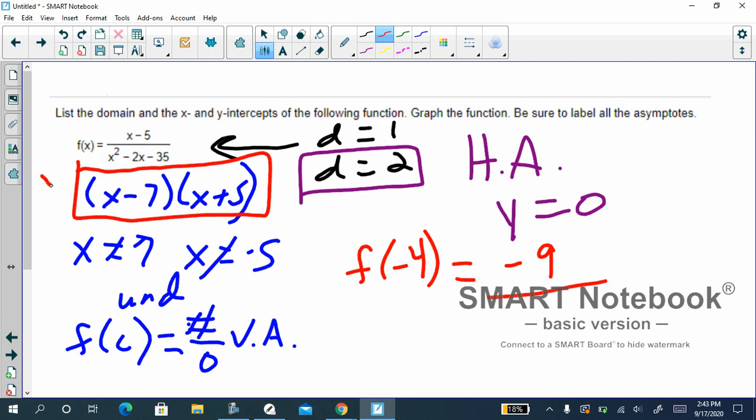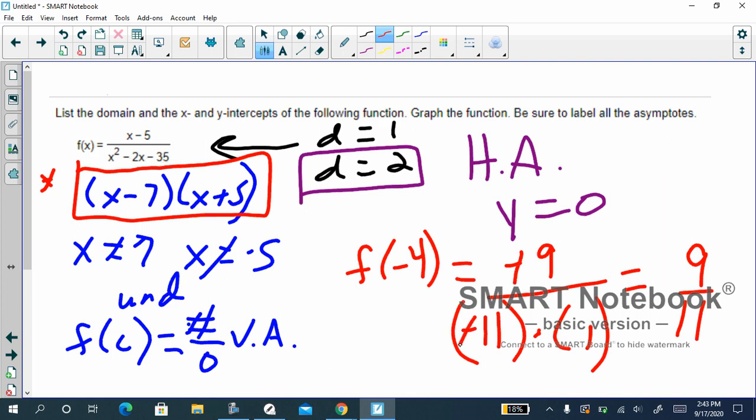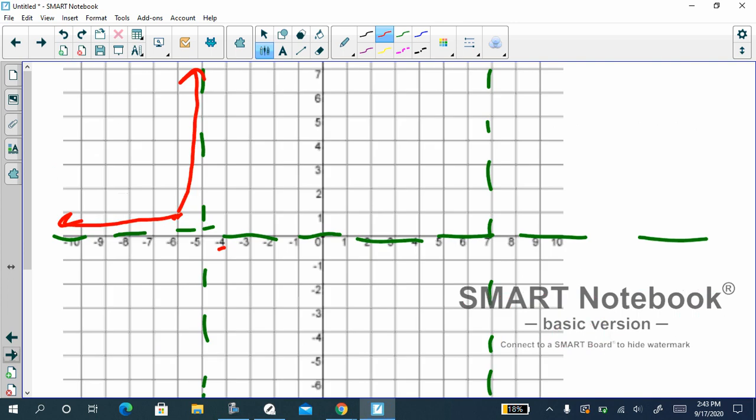If we plug a -4 in on bottom, we get -4 minus 7, so -11. -4 plus 5 is 1, so that gives us -9 over -11, which is positive 9 over 11. Negative on top, negative on bottom, cancel. So 9/11. So makes me think I may have put the wrong sign in on the other one. So that's here.